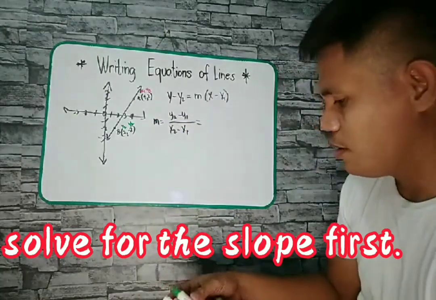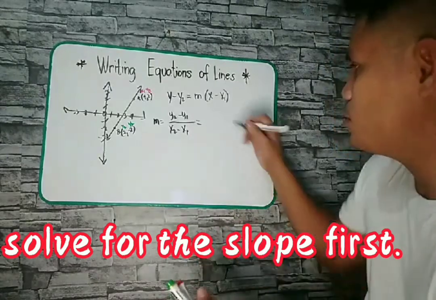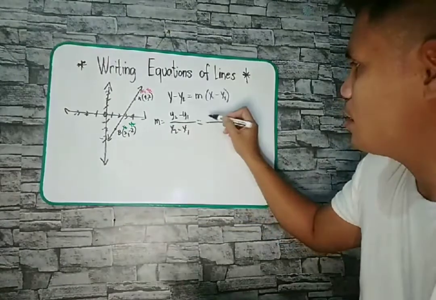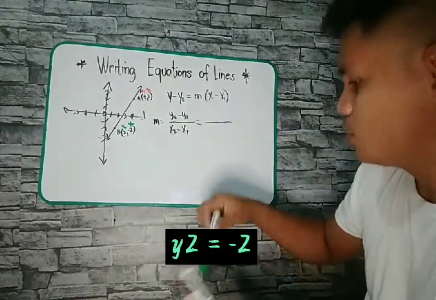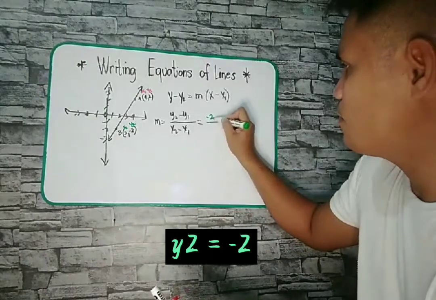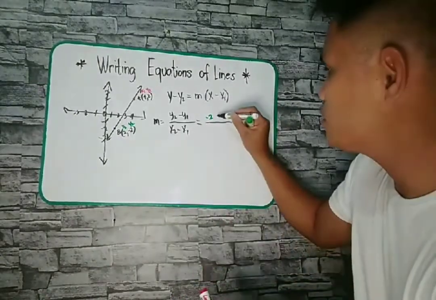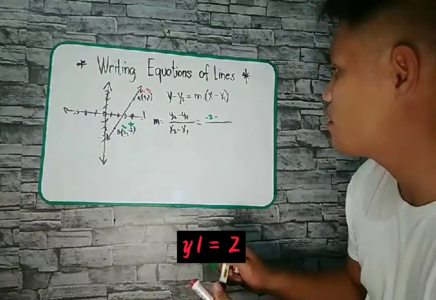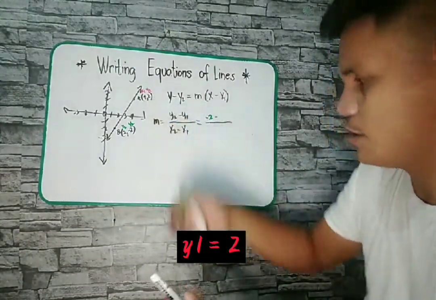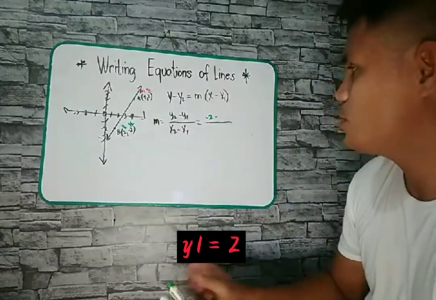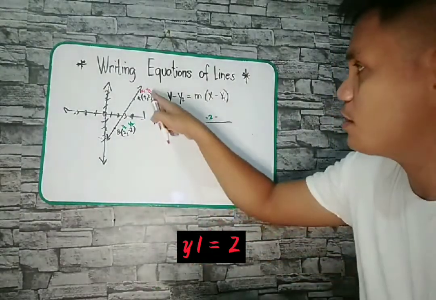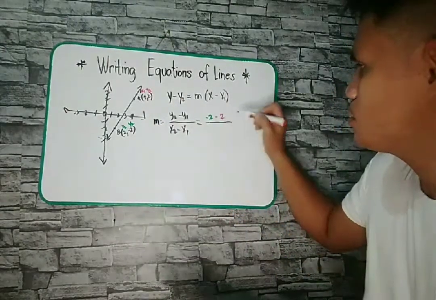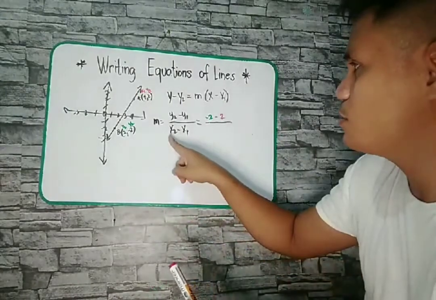So we have y2 minus y1. What is y2 again? That's it, -2. I'll be using green. That is -2 minus, what is the value for y1? So y1 is +2. I'll be using red so that it will be easy for you to understand the color coding. -2 minus 2.